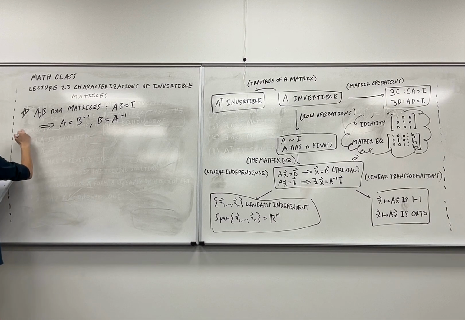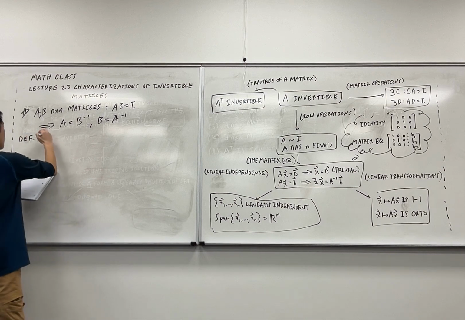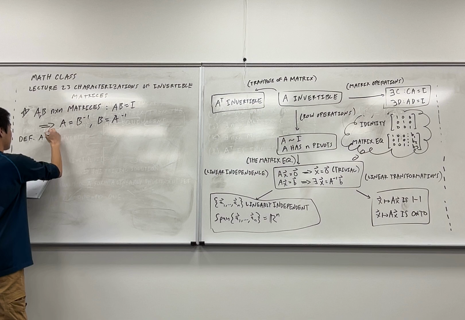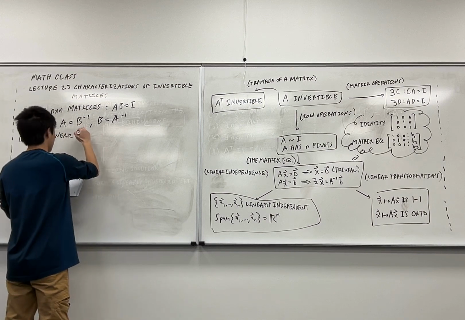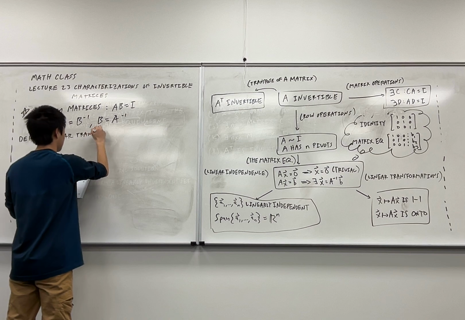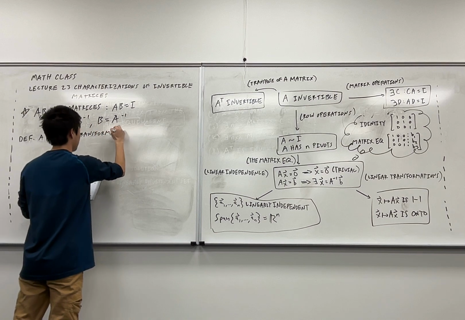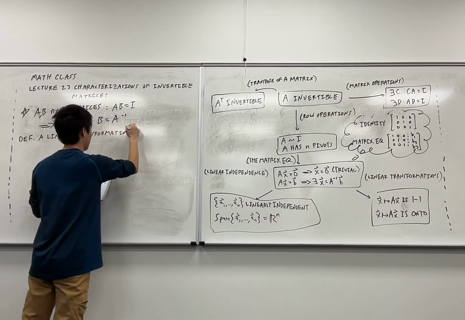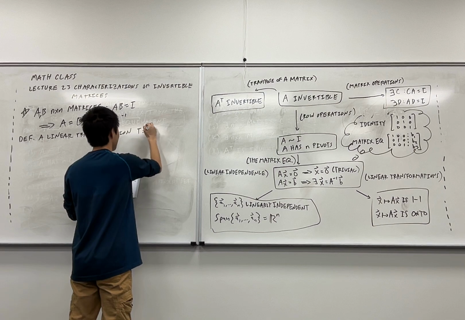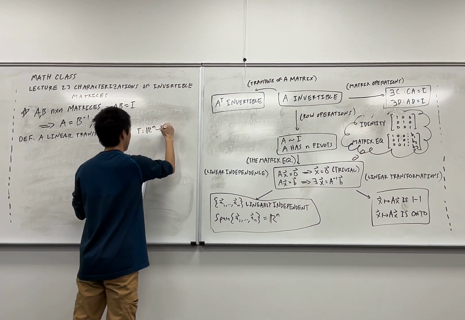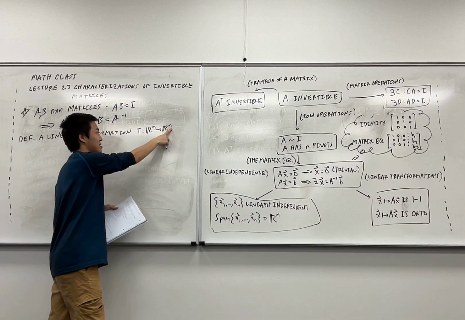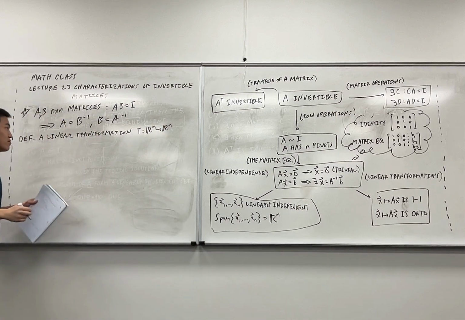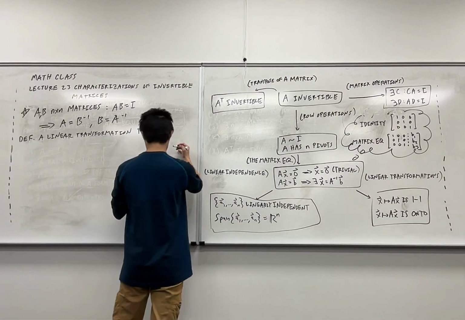Let's do this definition, even though it's kind of obvious, but it was in the book, so you might as well see it. A linear transformation T from Rn to Rn. Notice now that I'm using n and n instead of m and n because we're talking about invertible matrices, so it needs to be square.